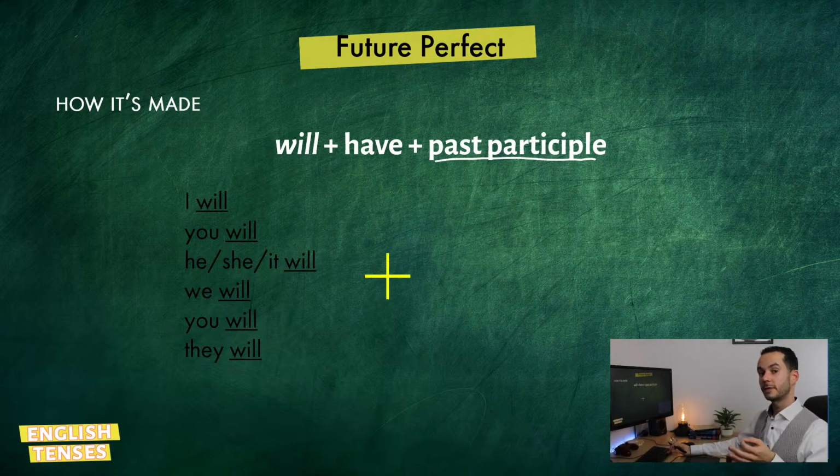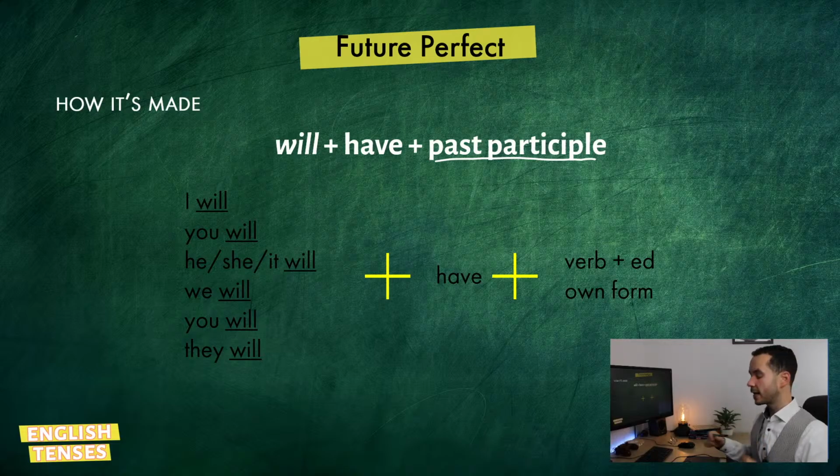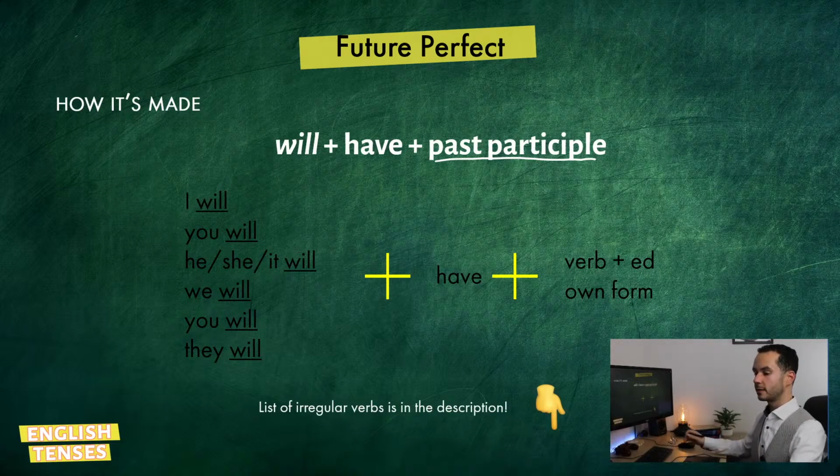Same for the continuous, have remains the same. And then we have the verb plus ed and its own form. Of course, as always, there is a list of irregular verbs which you can find in the description. And of course, the final row of that list is the past participle.